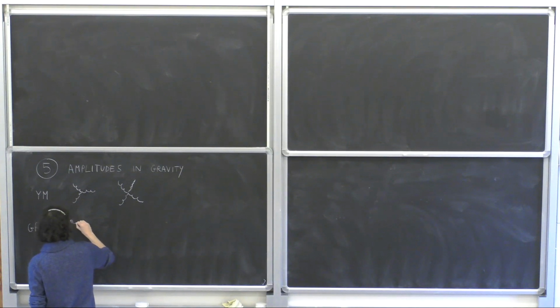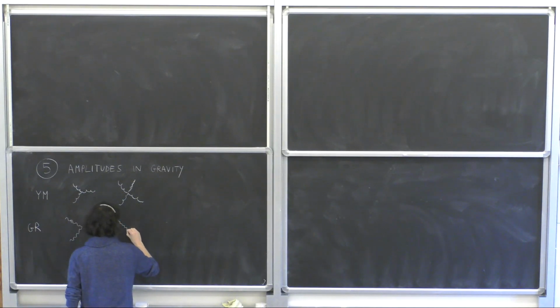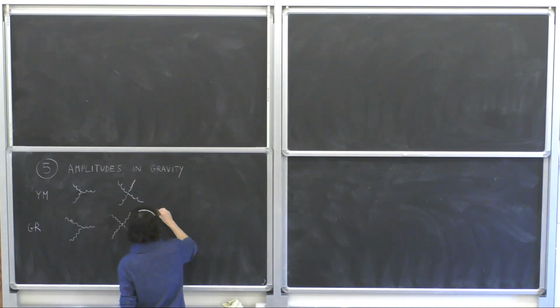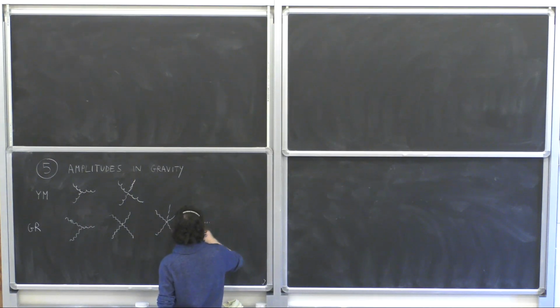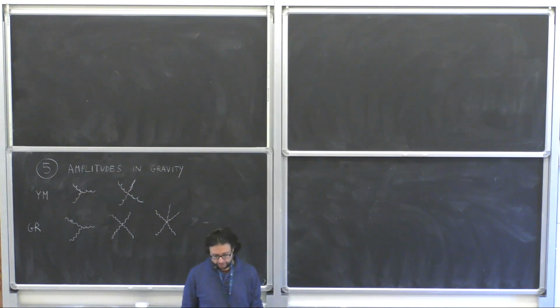Let me indicate the graviton in a slightly different way here. And then there is a quartic vertex, and then it doesn't stop there. This is not a polynomial action. So you start having more and more vertices. It doesn't stop.